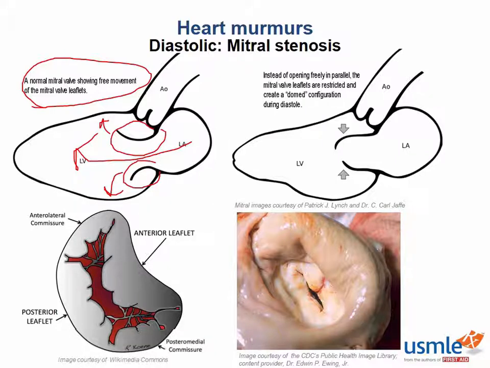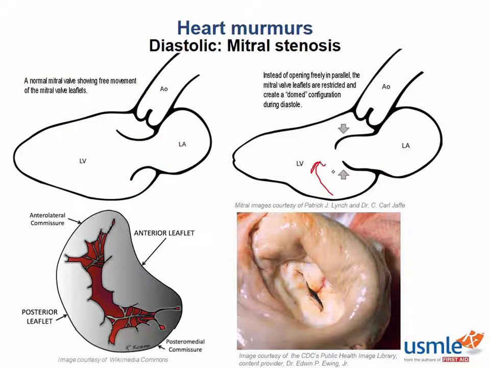However, in mitral stenosis, we see this domed configuration, where the leaflets themselves billow inwards and cause a narrowing, or a smaller ostia, for the blood to flow from the left atrium to the left ventricle. You can see here a pathologic image from a stenotic mitral valve. We can see this small slit-like narrowing caused by this heavily fibrotic mitral valve.